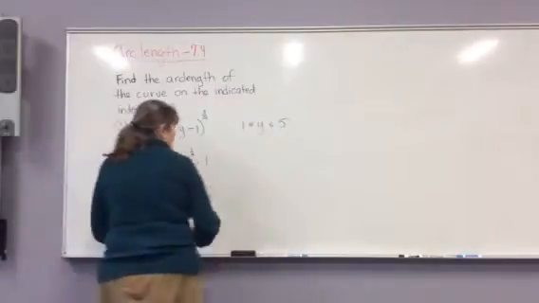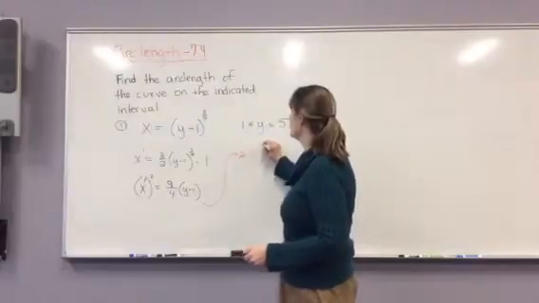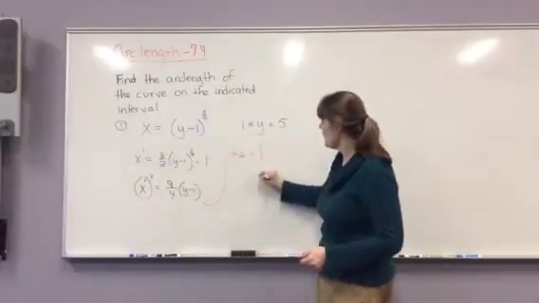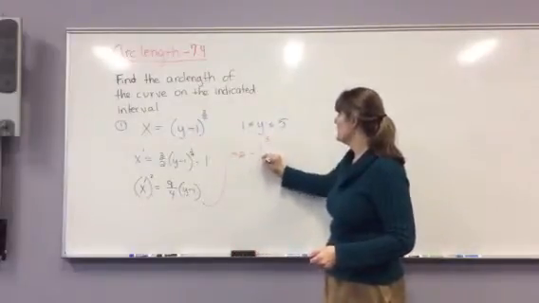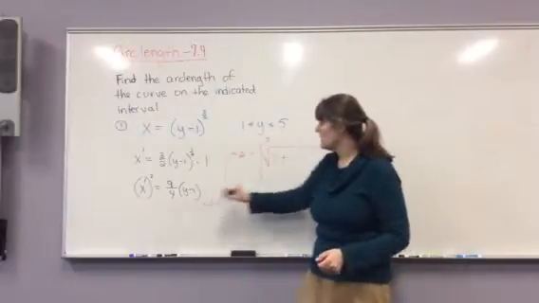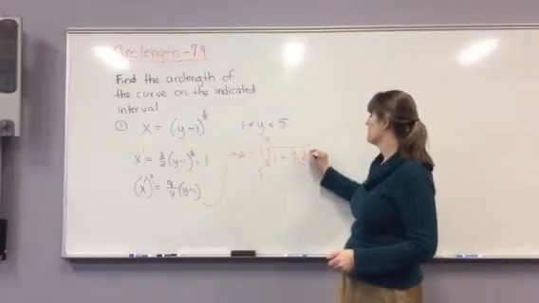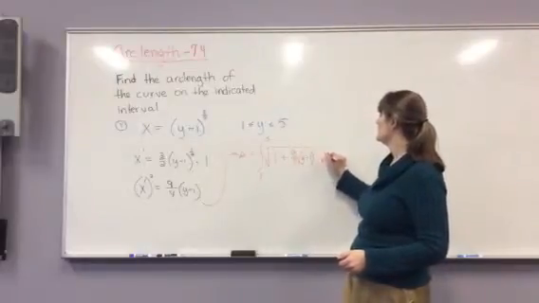Now we will go to our formula. So now my arc length, in terms of y, from 1 to 5, the square root of 1 plus my derivative squared dy.